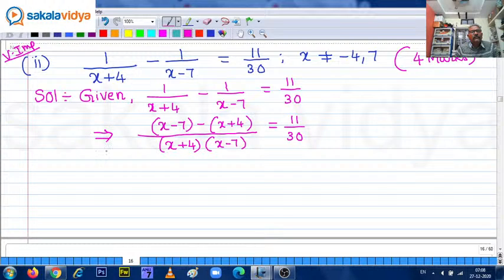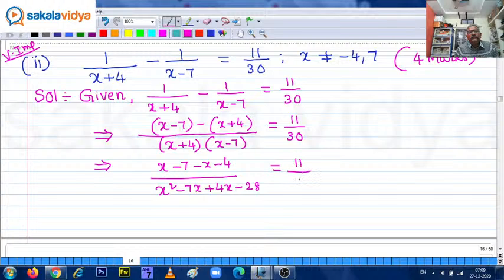So now this equals x minus 7 minus x minus 4 upon x plus 4 into x minus 7, that is x square minus 7x plus 4x minus 28, equal to 11 upon 30. Here x gets cancelled. See, we have a very interesting thing.